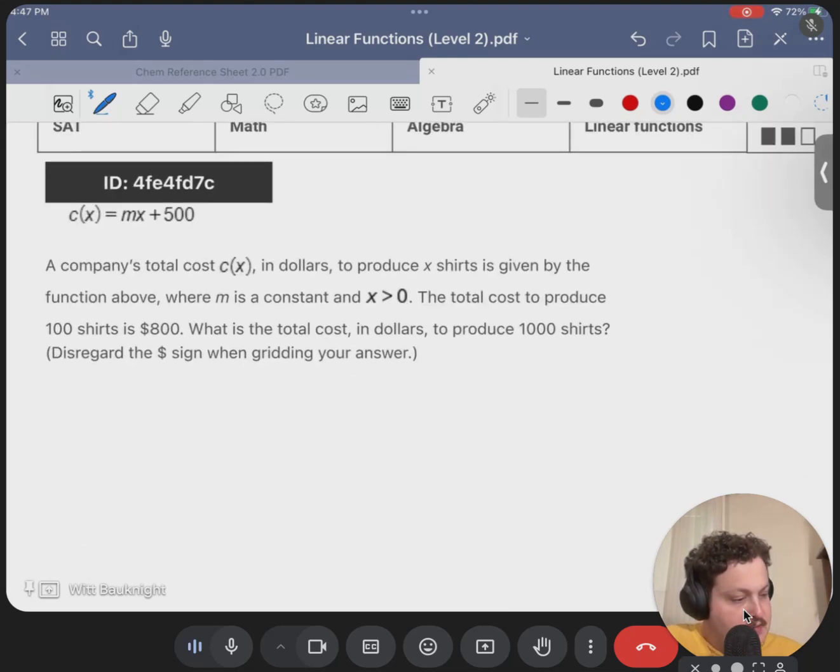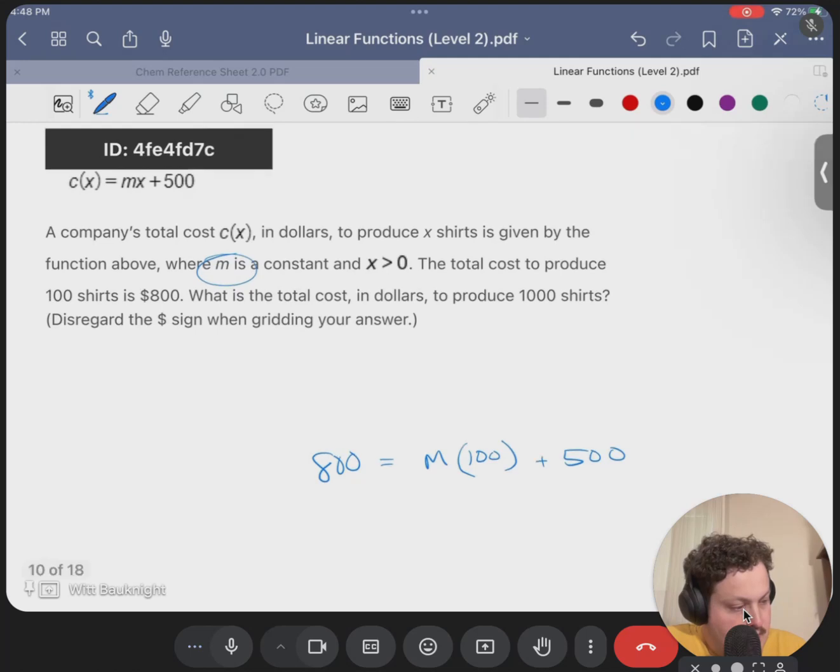Here's the linear function. The total cost in dollars of product extra is given by the function above, where m is a constant, some random constant. If the total cost is 800 after making 100 shirts, what is the total cost of 1,000 shirts? All right.